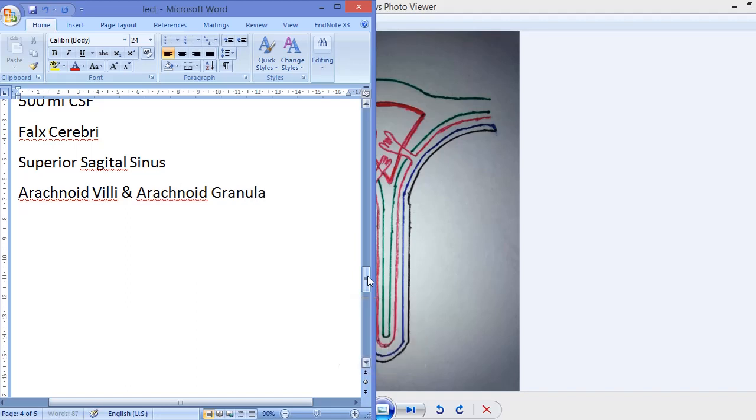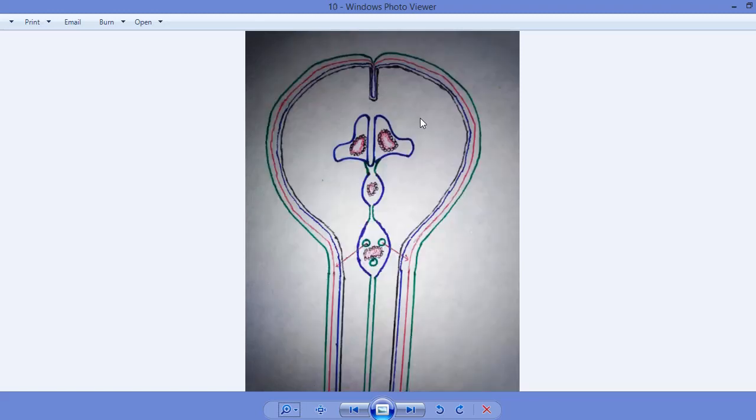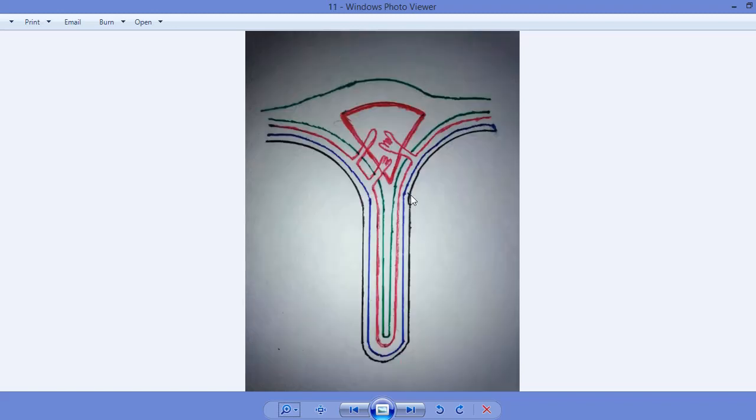Granulation is a group of villi protruded to the dura mater and then to the venous sinus and into the superior sagittal sinus. So for the absorption of the cerebrospinal fluid, this represents the longitudinal fissure area, and this area is now magnified.